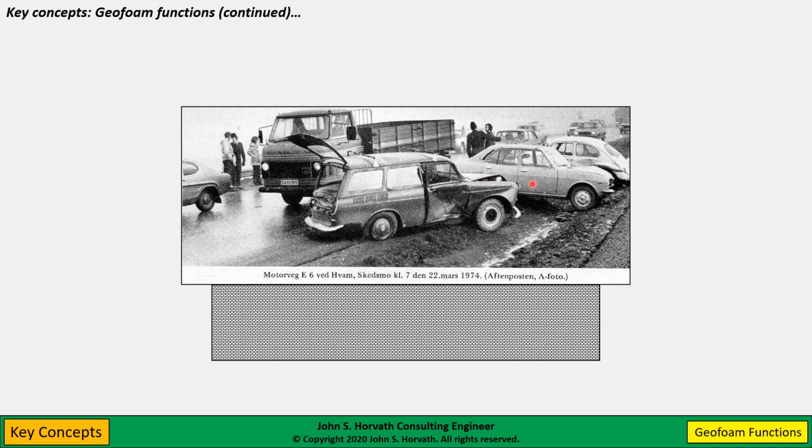And you see here an example from the early 70s in Norway where this occurred.